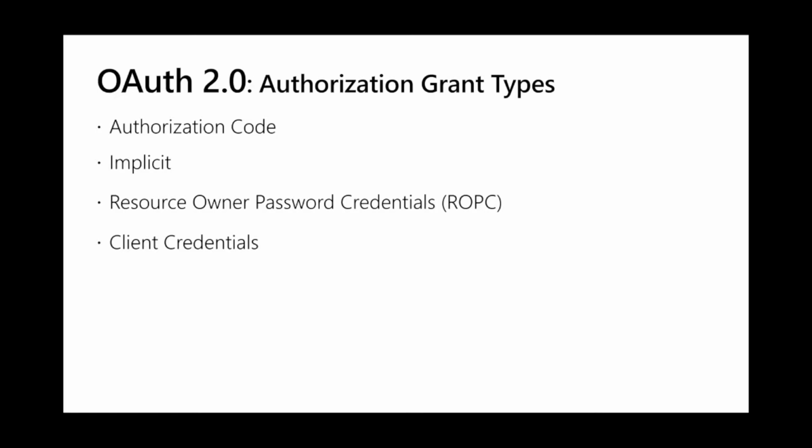Resource Owner Password Credentials, or ROPC, involves handling the user's credentials directly in exchange for an access token. And the last grant type is Client Credentials, which is server to server or machine to machine. And now we're going to dive into each of these a little bit more in depth.